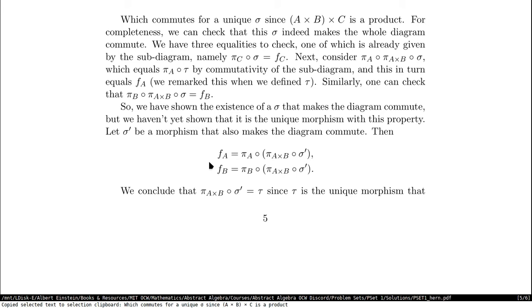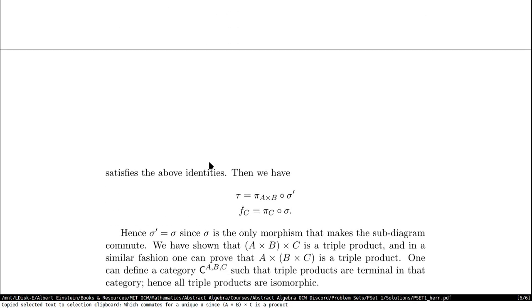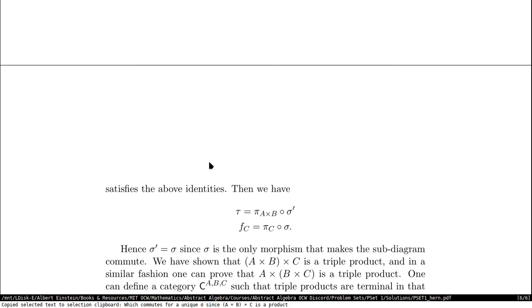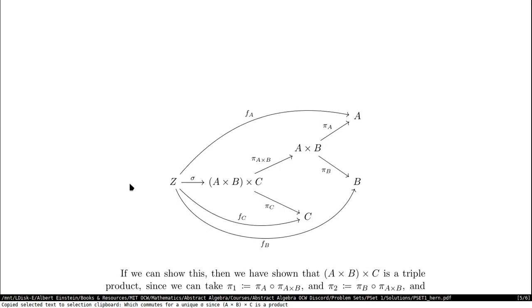So then for contradiction, you assume that there is another sigma prime which also does this, and then you get the equations from there, and you'll be able to show that sigma and sigma prime are actually the same, since sigma is the only morphism that makes the subdiagram commute.